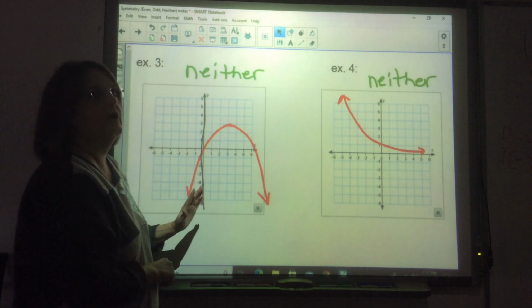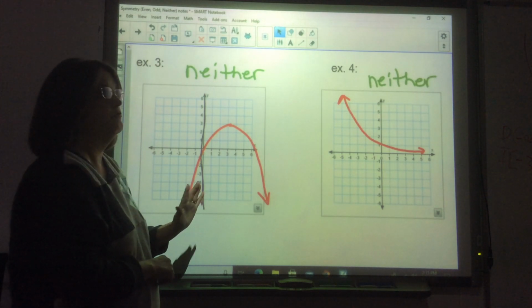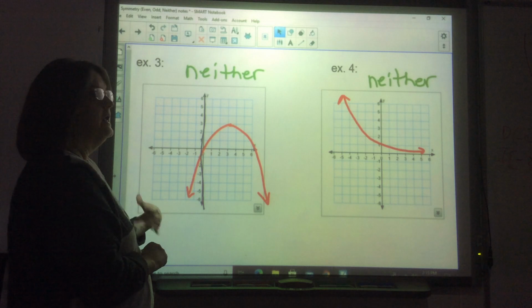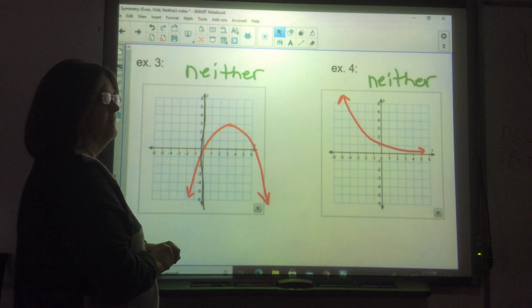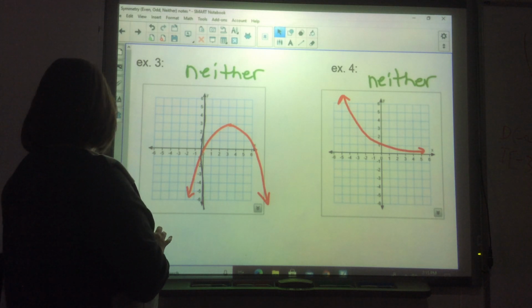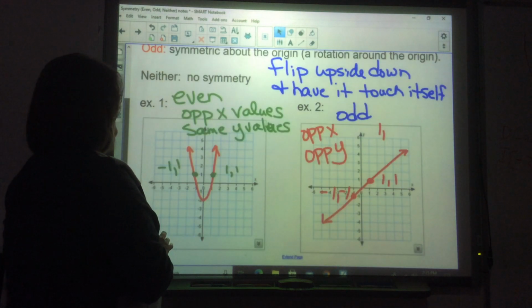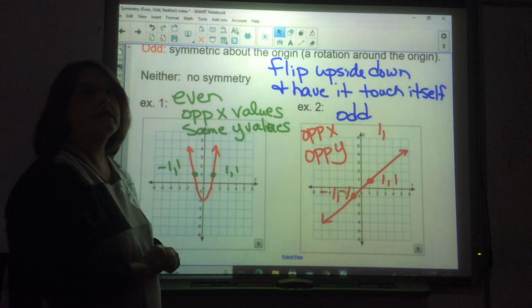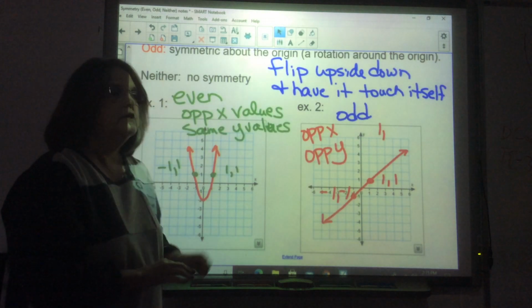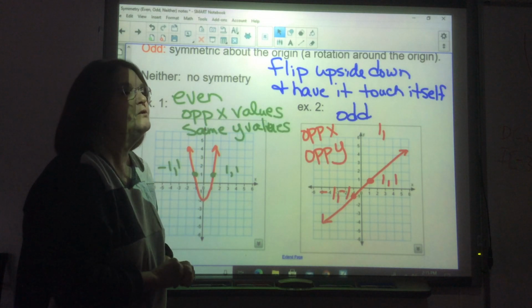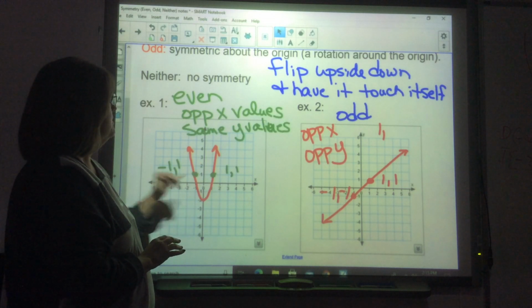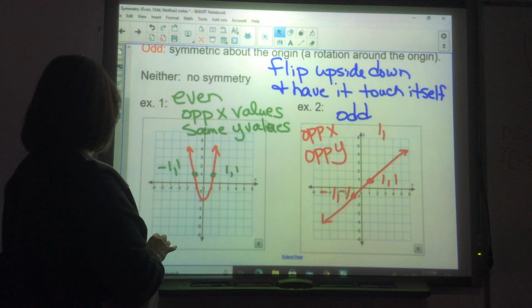Your opposite x values will not have opposite y values, nor will opposite x values have the same y values. The only function that's ever going to be even is quadratic. A linear will never be quadratic. So a linear will never be even. A quadratic function is the only one that will ever be even.